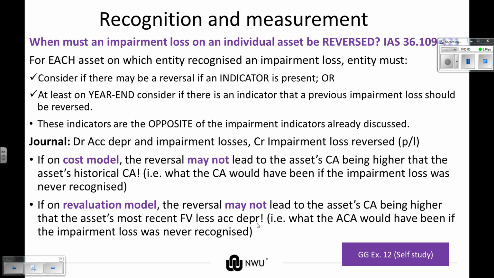However, the reversal may not lead to the asset's carrying amount being higher than the asset's most recent fair value less accumulated depreciation, so what the actual carrying amount would have been if the impairment loss was never recognized. So please make sure you work through your gripping gap and you understand how to account for an impairment loss and the reversal thereof.